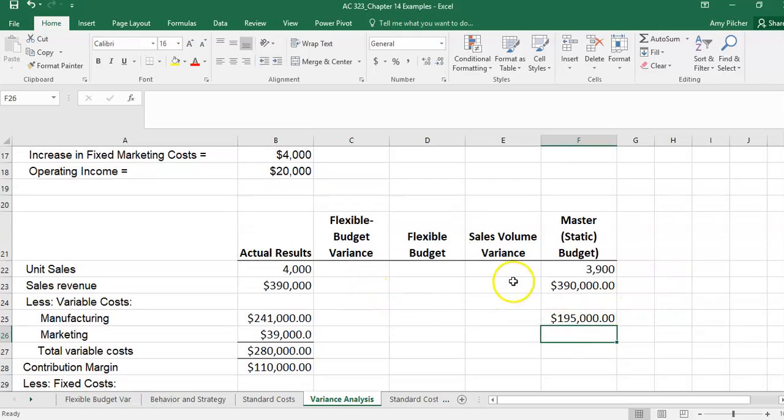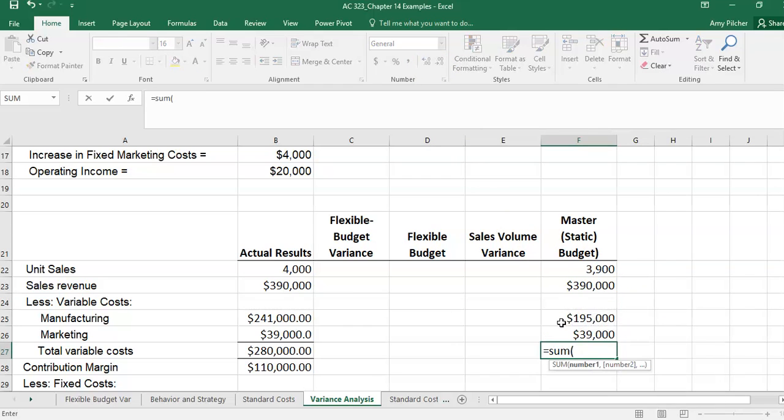And we have variable marketing costs of 10% of sales. So our total variable costs, $234,000.